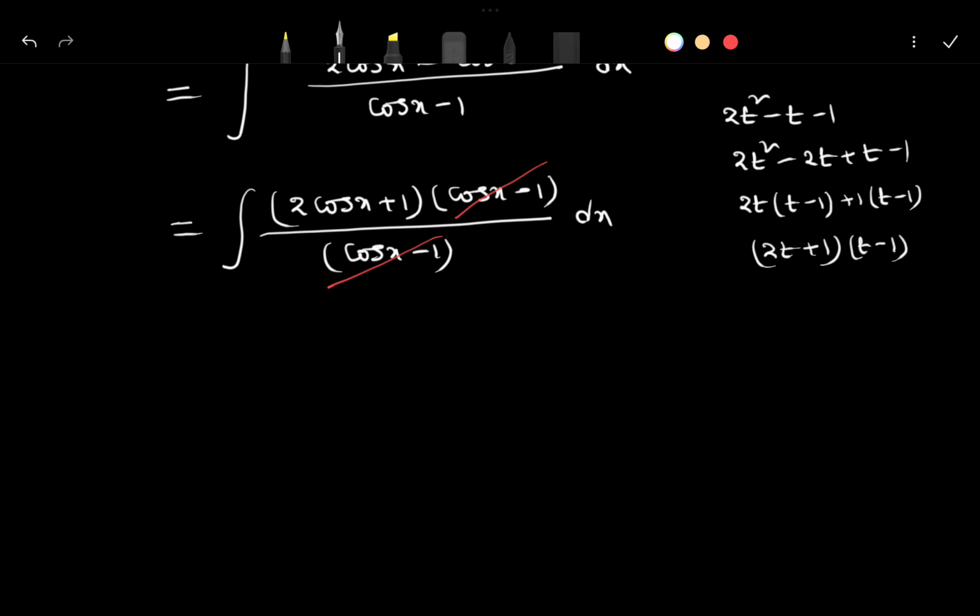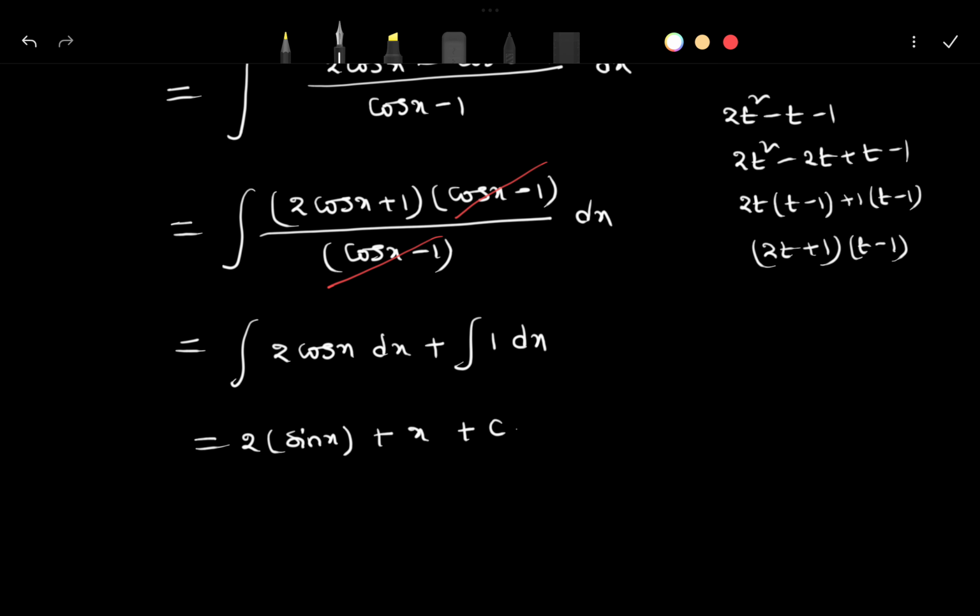After that, do the integration of 2 cos x dx plus integration of 1 dx. Now 2 into integration of cos x will be sin x, plus integration of 1 dx is x, plus c. So your right answer will be 2 sin x plus x plus c. This is the correct answer.